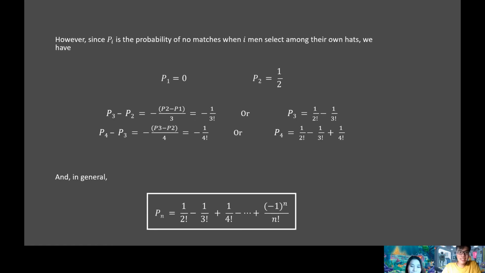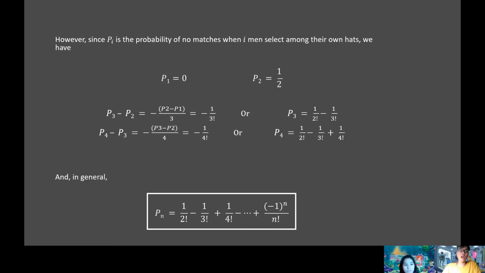However, since Pi is the probability of no matches when i men select among their own heads, we have P1 is equal to 0 and P2 is equal to 1 divided by 2, and apply the general formula that we have proved.